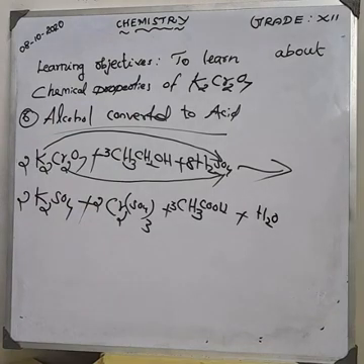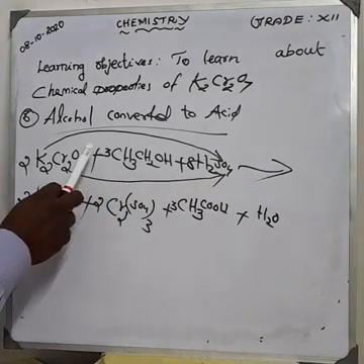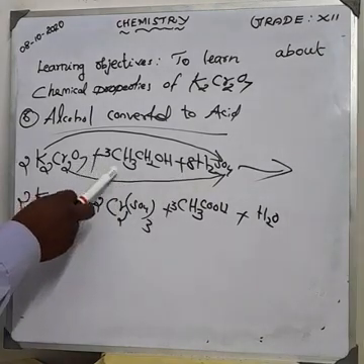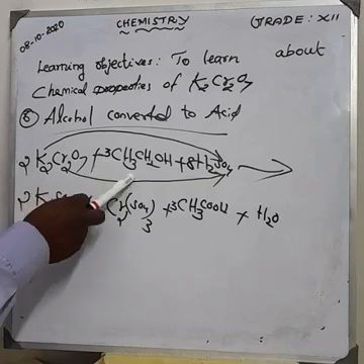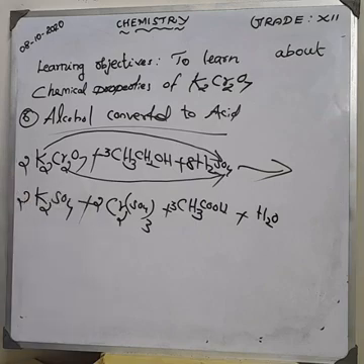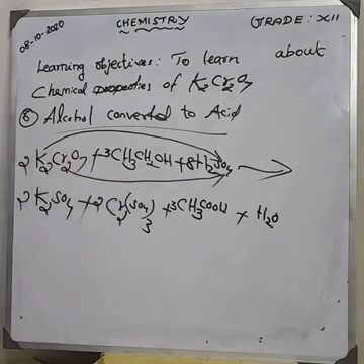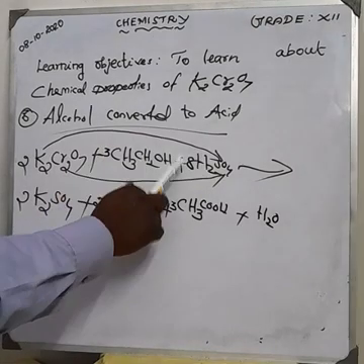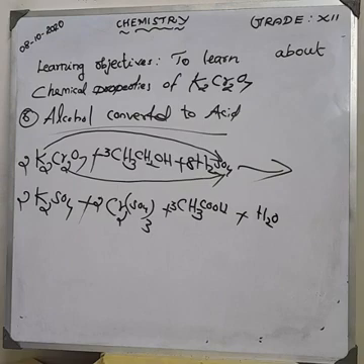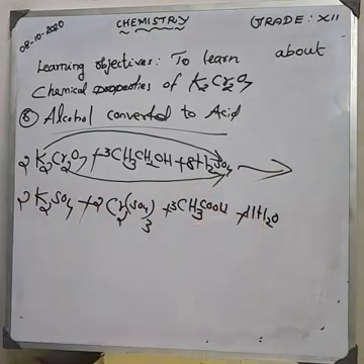Next, the last one is hydrogen. Here having hydrogen: 3 threes are 9, 9 plus 6 is 15, 15 plus 3 is 18, 18 plus 16. Can we make it 11?